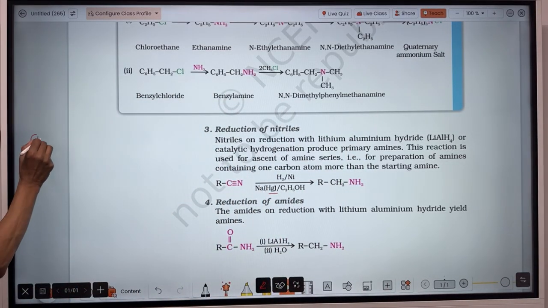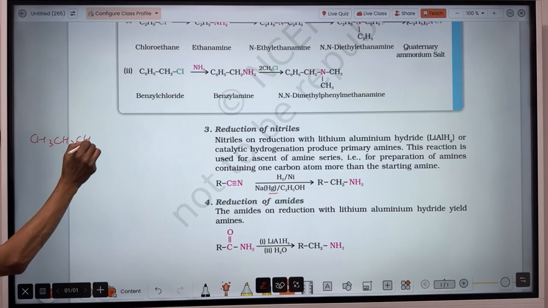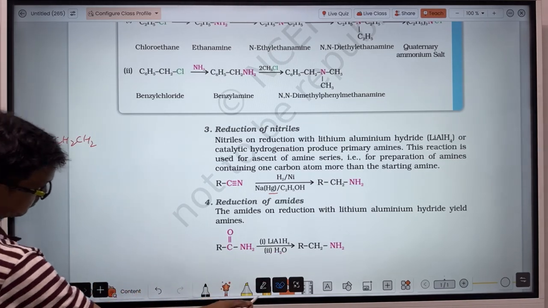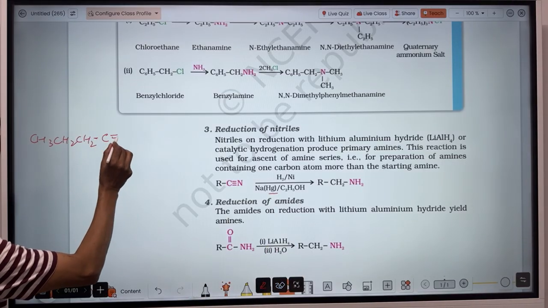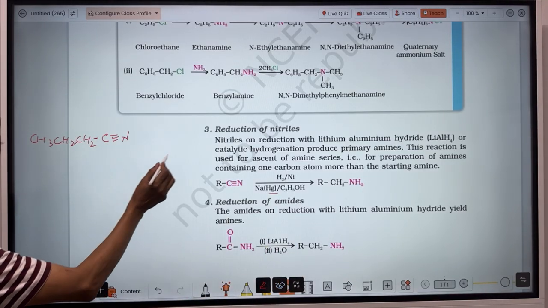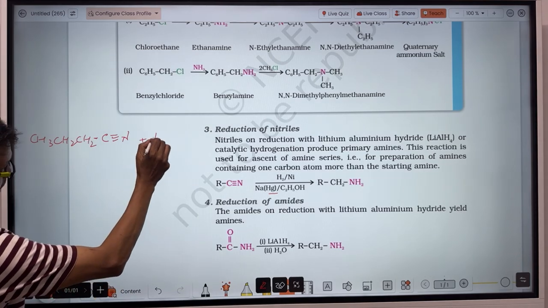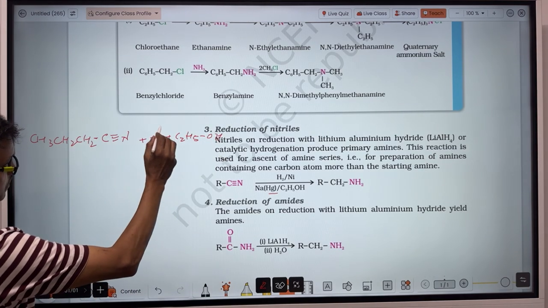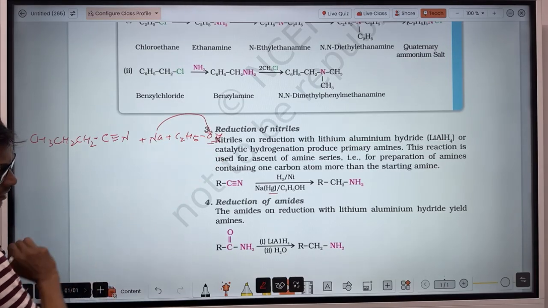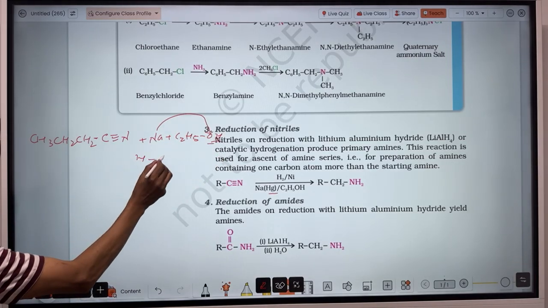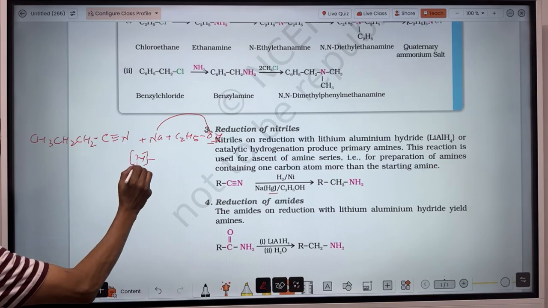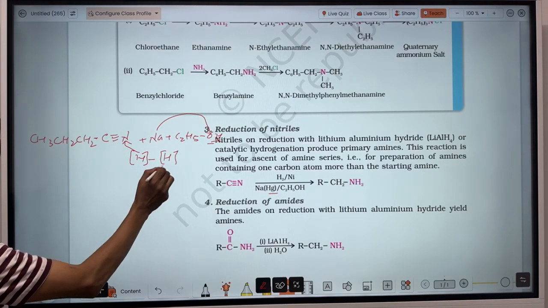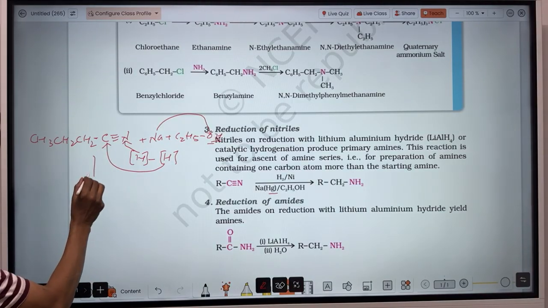Now let's see what is here. As an example, I am taking again propane nitrile. What is actually happening here? Sodium reacts with ethyl alcohol, so sodium will replace this one, and hydrogen will be provided from here. One hydrogen combines to this nitrogen, another hydrogen combines to this carbon.